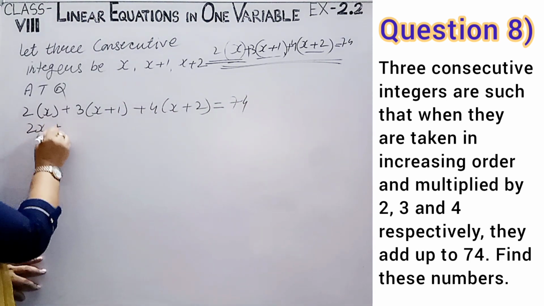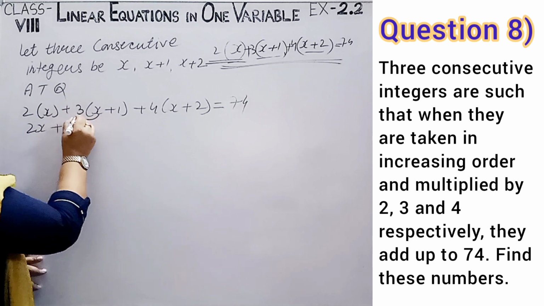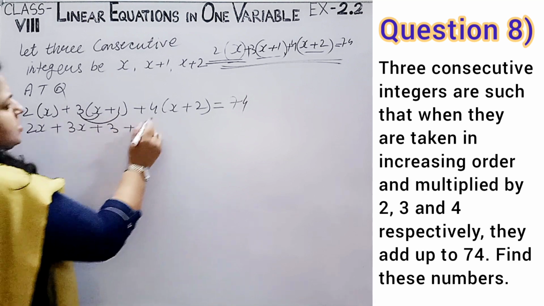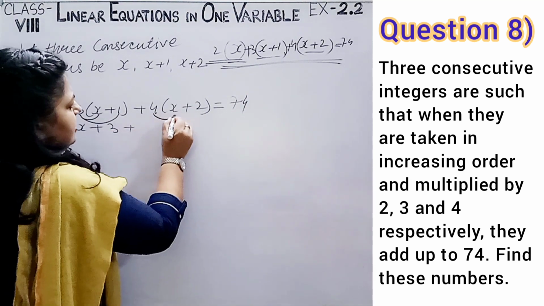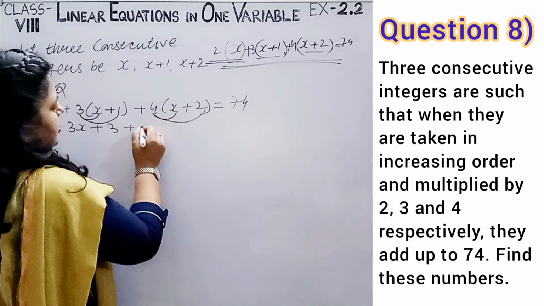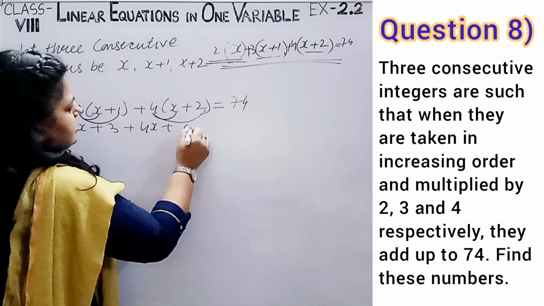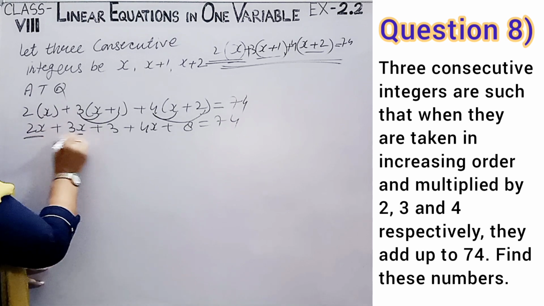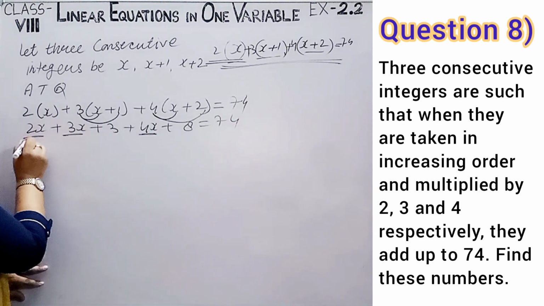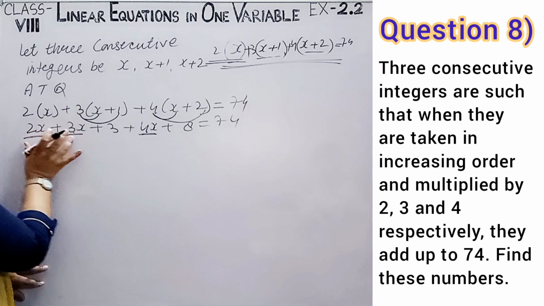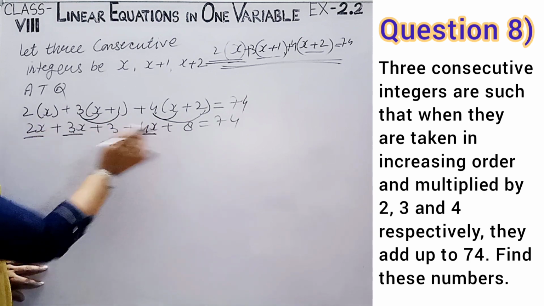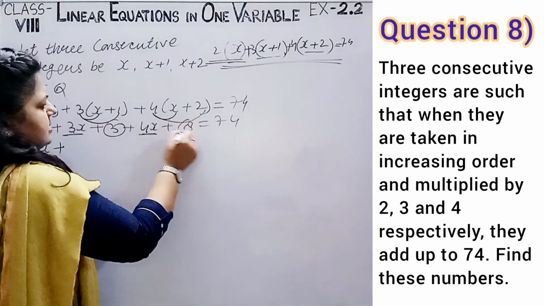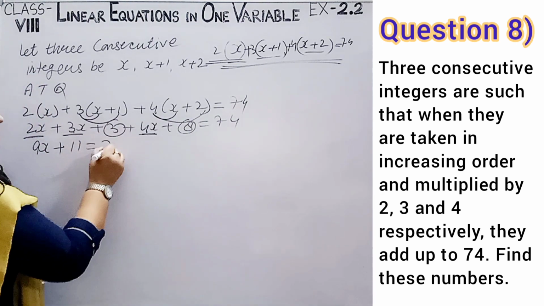2x, 3x and 3, so 3x plus 3. Now coming to this term, 4 is multiplied with x and after that with 2. So 4x plus 8 equal to 74. Now separating x terms: 2x, 3x, 5x, and 4, 9x, plus now 3 and 8, 11, equal to 74.